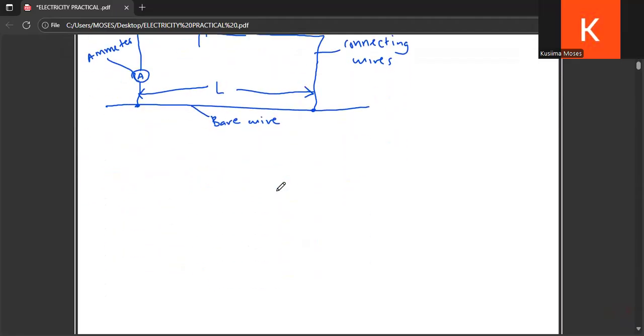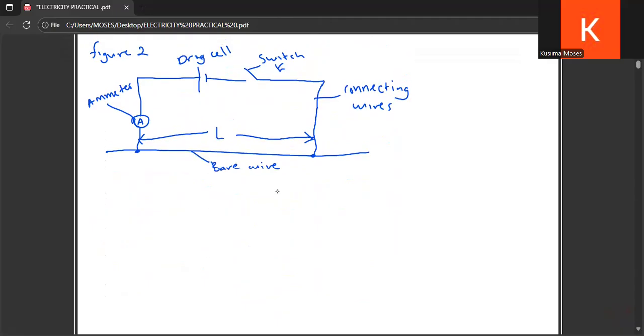Now, what follows here are the procedures. We shall begin with the first procedure. We label them using numerical values.